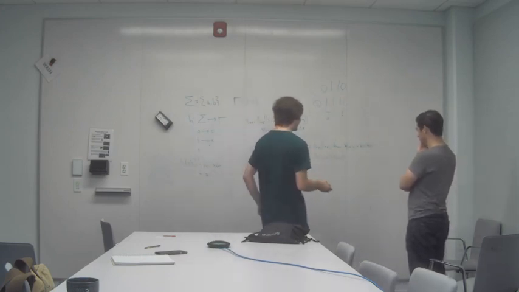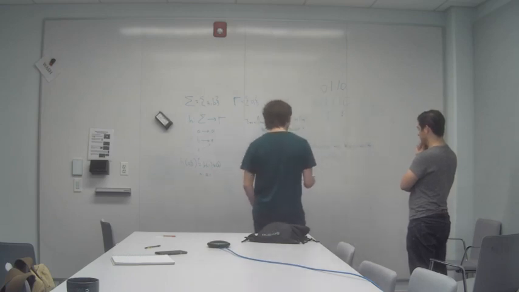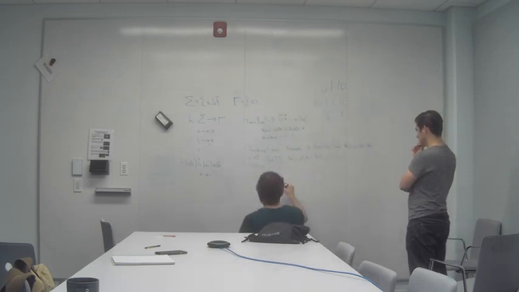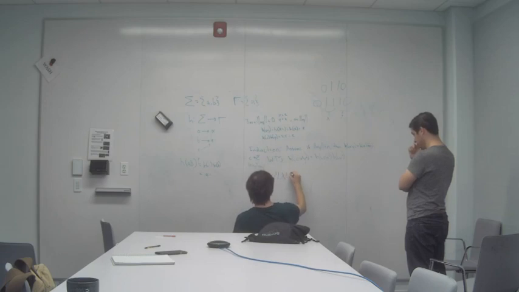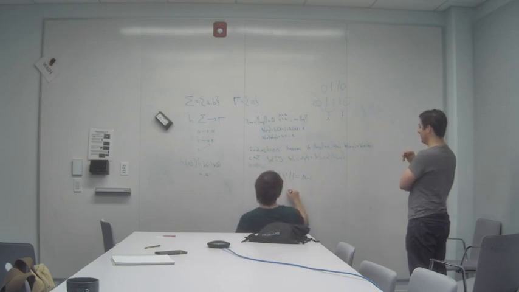You require that the length of x prime equals n minus 1, and the length of y prime equals, actually you can just say one. It's n, and then this is empty.